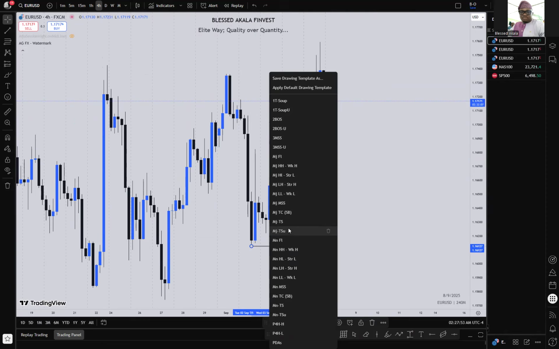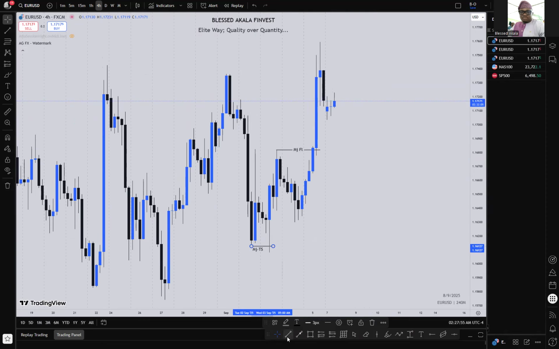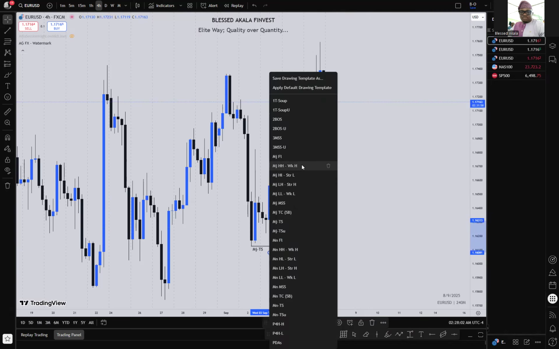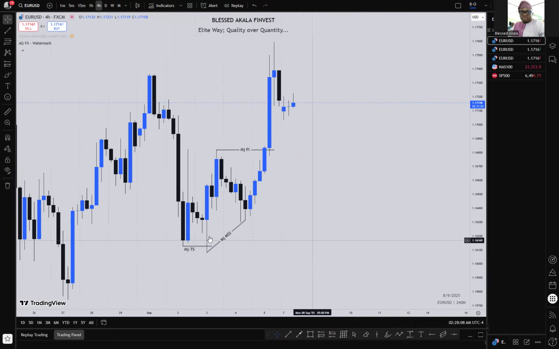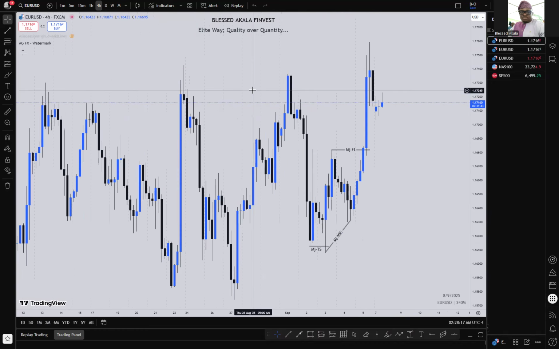Then from there we have this shift, a major MSS. So having this kind of reaction within the market, we automatically know that we've gotten a reversal into the highs and the trend has already changed.